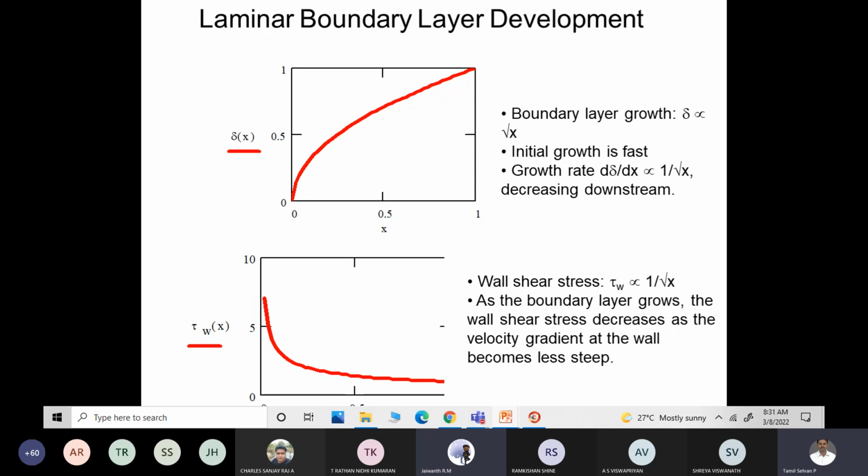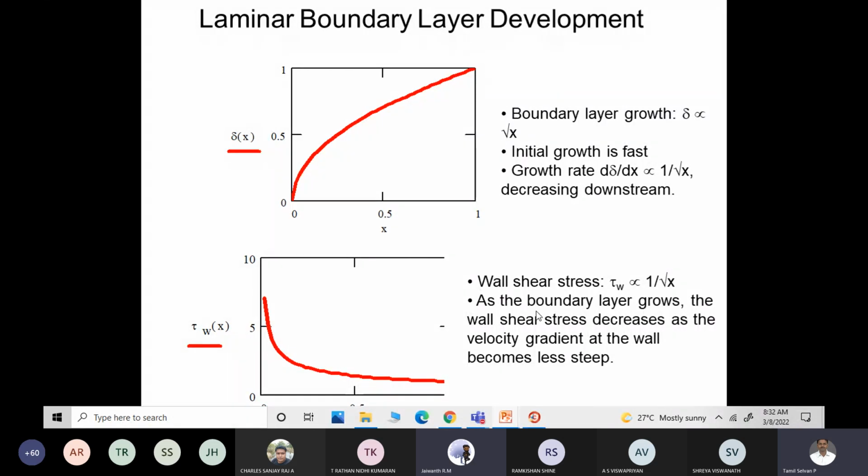Again, it depends upon the type of flow, whether it is laminar or laminar-turbulent combined. The growth rate d delta by dx is proportional to 1 by square root of x, where x is the distance from the leading edge to the trailing edge.